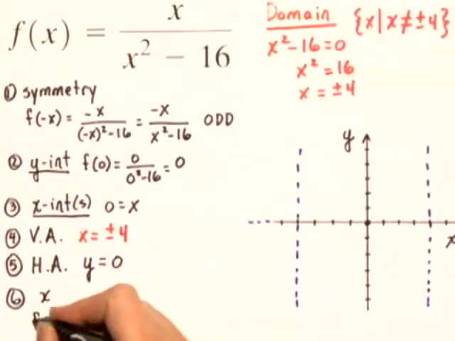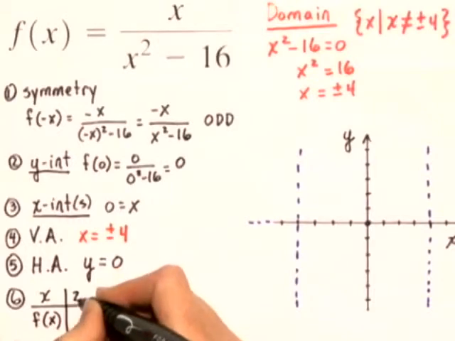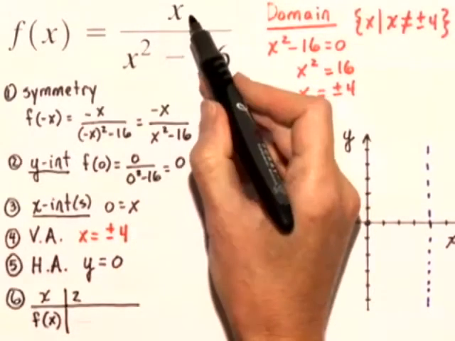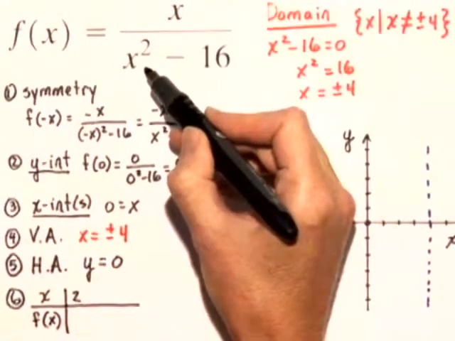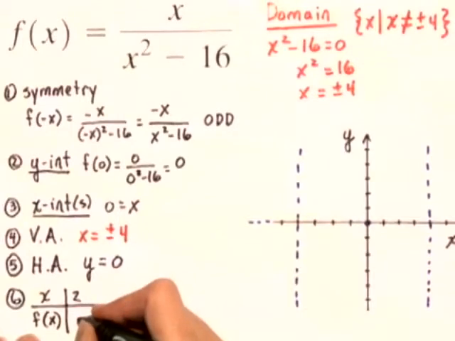So let's pick, say, 2. If I let x equal 2 and substitute it into my original function, I'll have 2 over 2 squared, which is 4, minus 16. So that gives me 2 over negative 12, or 1 over negative 6. So negative 1/6.